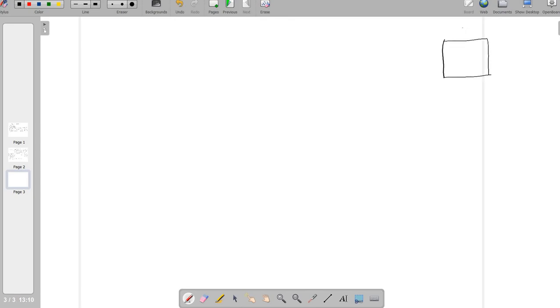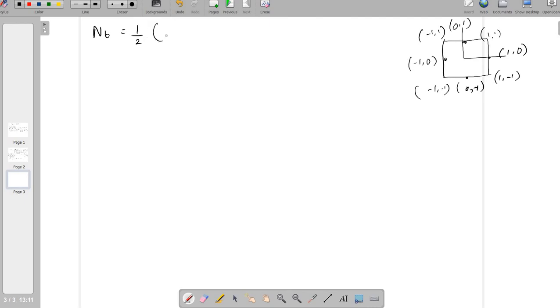Again I am writing the nodes because it makes it easy to write the equations: minus 1 comma minus 1, 1 comma minus 1, 1 comma 1, minus 1 comma 1, 0 comma minus 1, 1 comma 0, 0 comma 1 and minus 1 comma 0. So this is the representation. Next N6.